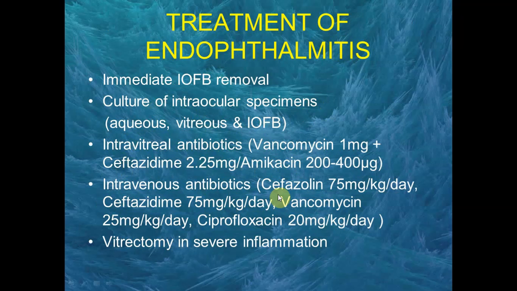IV antibiotics also need to be started, like cefazolin, ceftazidime, vancomycin, and ciprofloxacin. Suppose even with all your antibiotics, if it is not being controlled, then we have to do a vitrectomy. Vitrectomy itself will remove some amount of infection and inflammation. That is something that we do as a last resort. So this is how we manage endophthalmitis in case of intraocular foreign bodies.